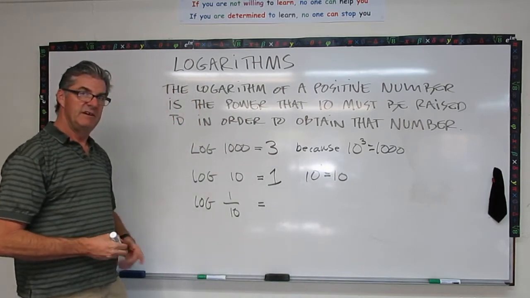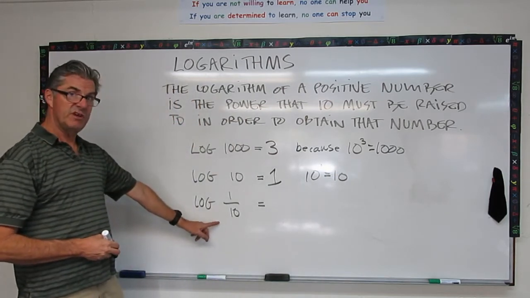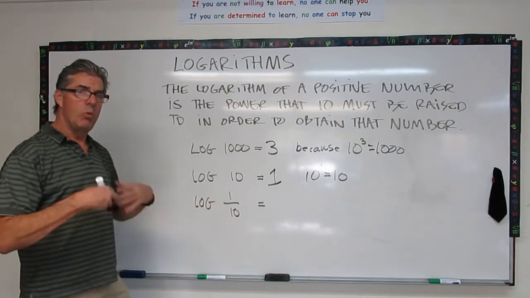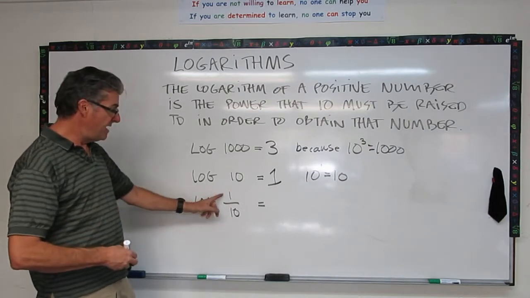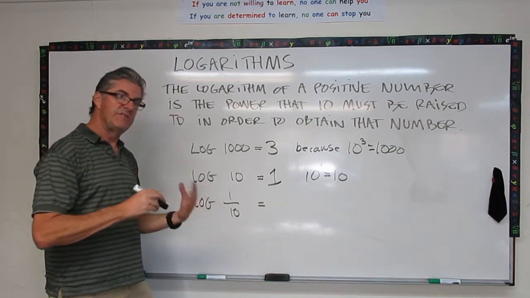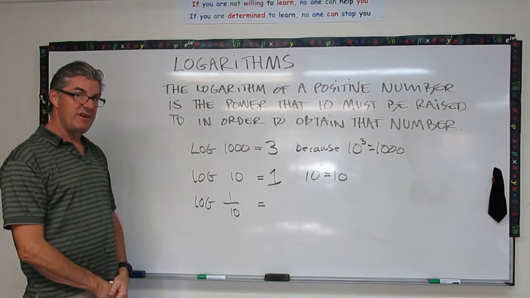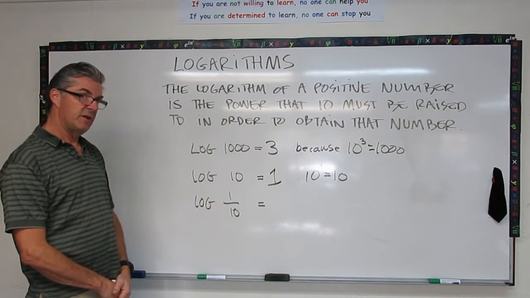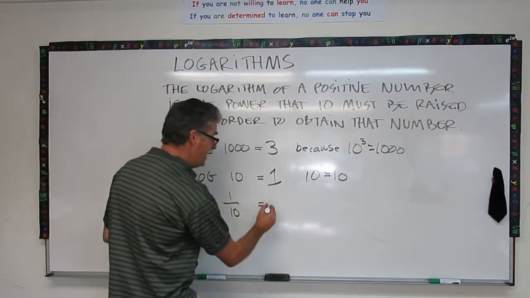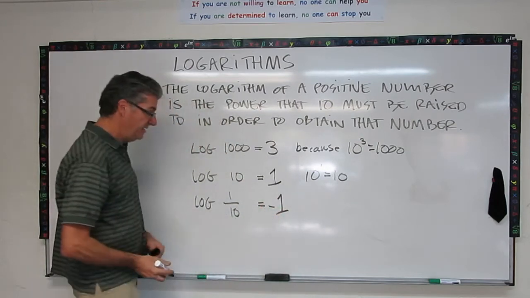Okay? Now this one's a little bit more tricky. We're asking for the log of 1/10. So what power of 10 makes 1/10? And you have to remember rules of exponents, particularly negative exponents. Think for a minute. Okay, if you came to the answer as being -1, you're right.